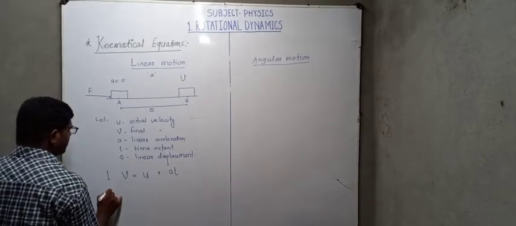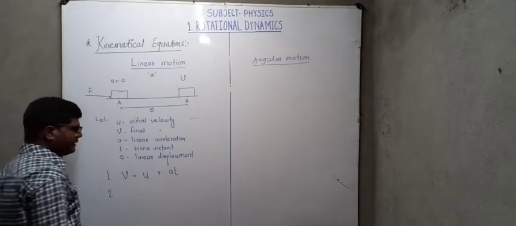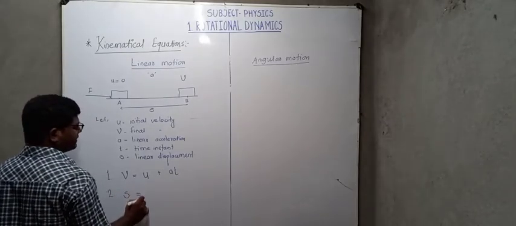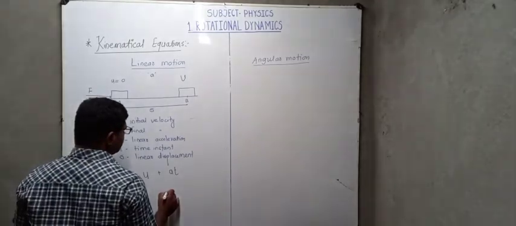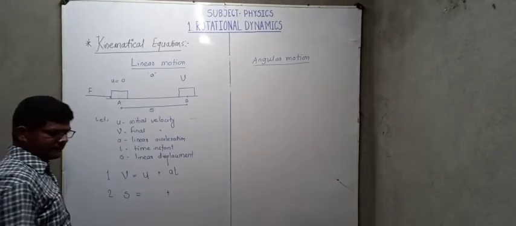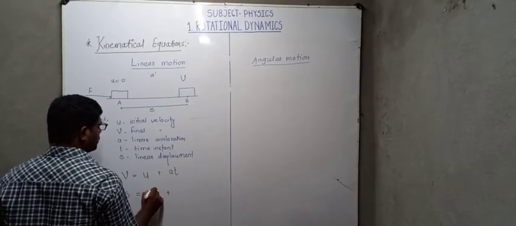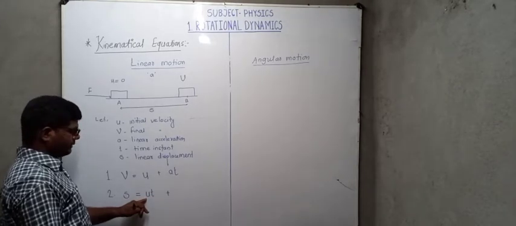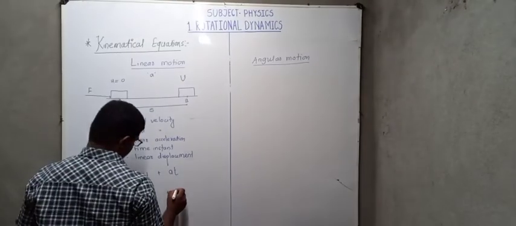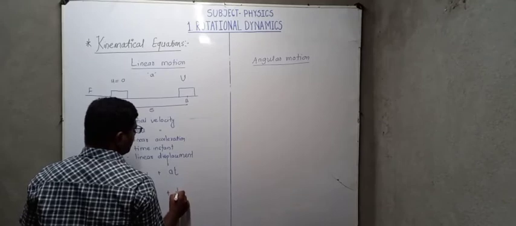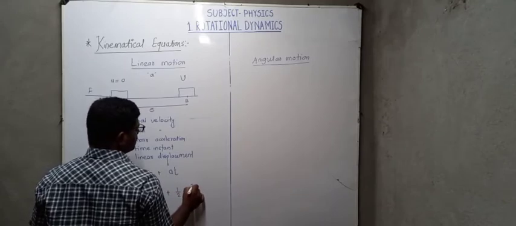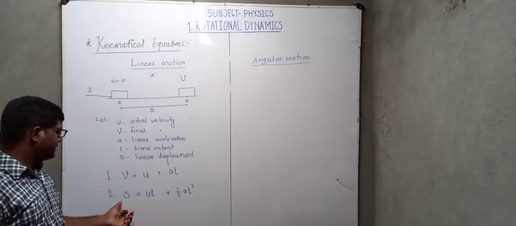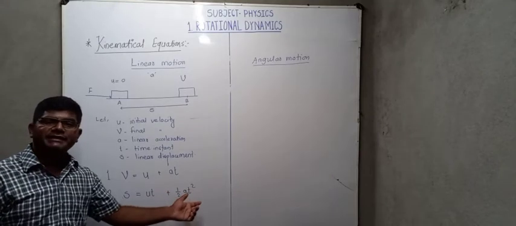The second kinematic equation for linear motion is s, which means displacement, is equal to the sum of the product of initial velocity and time instant, and half of the product of acceleration and square of time instant. That is s is equal to ut plus 1 half at square.